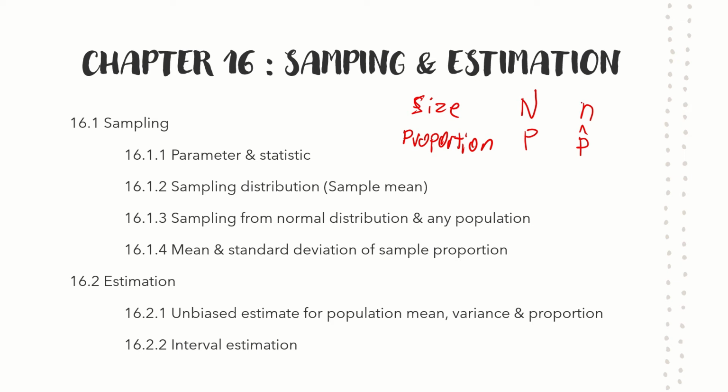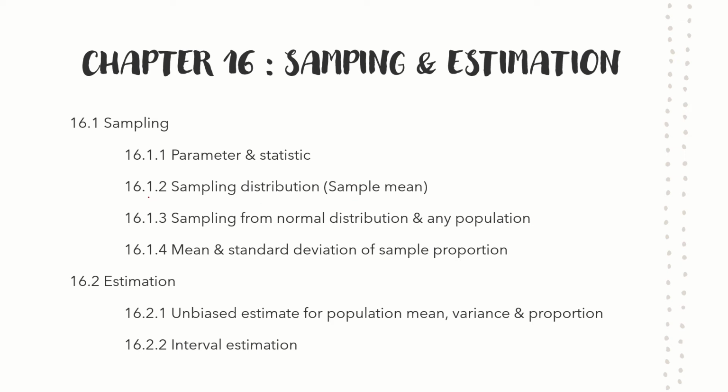Capital N is population, small n is for sample. You have to know that. Proportion is a new term that you will learn later in chapter 4, in the subtopic of sampling. This is the definition list you have to know before you enter this chapter.